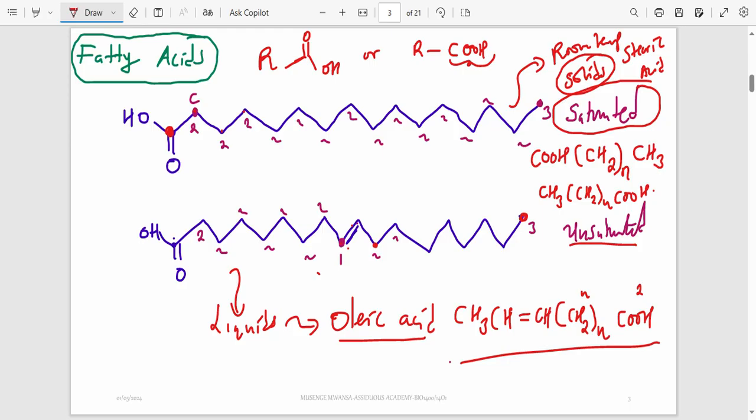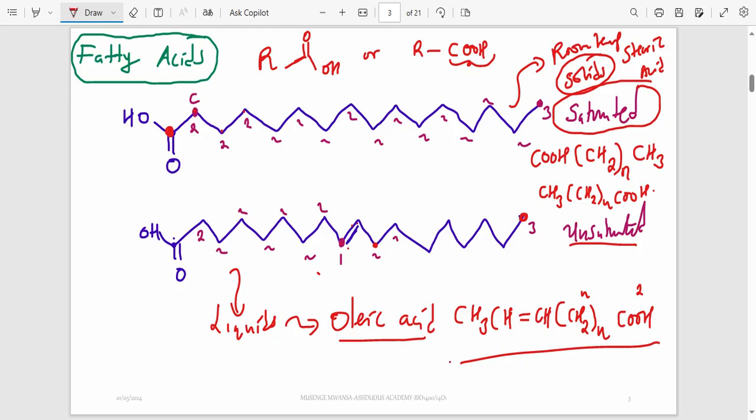That's where we're going to be able to find these ones. And then for the saturated fatty acids, these are solids, right? They are going to be used in the production of things like soap, detergents like washing paste, cosmetics like shampoo. You know, the shampoo, the shaving creams, that is the saturated fatty acid.